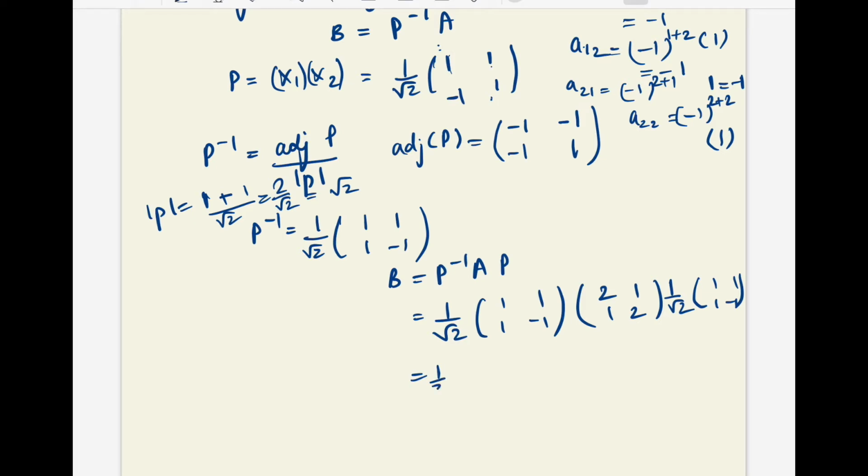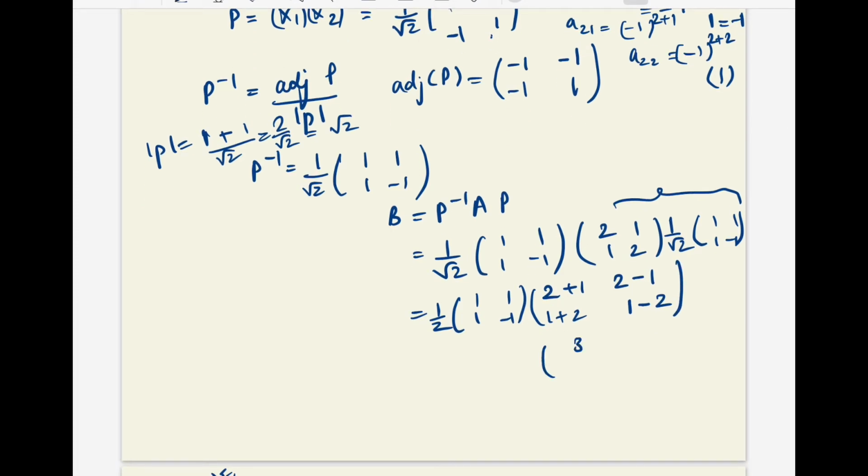This becomes 1 upon 2. Multiply these two first. What we'll get? 2 plus 1, 2 minus 1, 1 plus 2, 1 minus 2. So this becomes 3 1 3 minus 1, and this is 1 1 1 minus 1, with 1 upon 2.